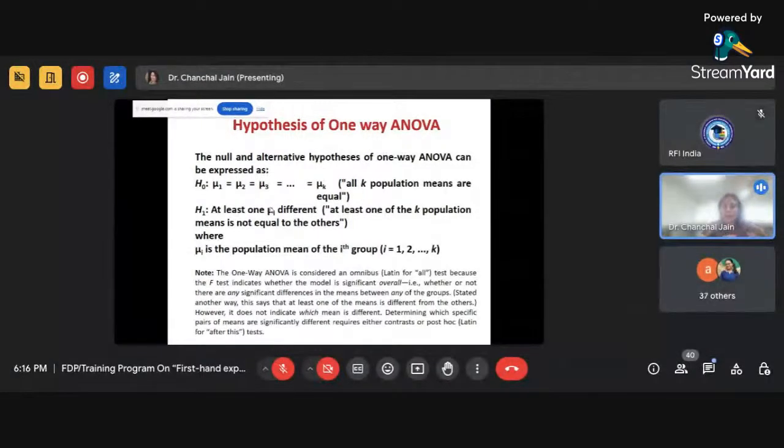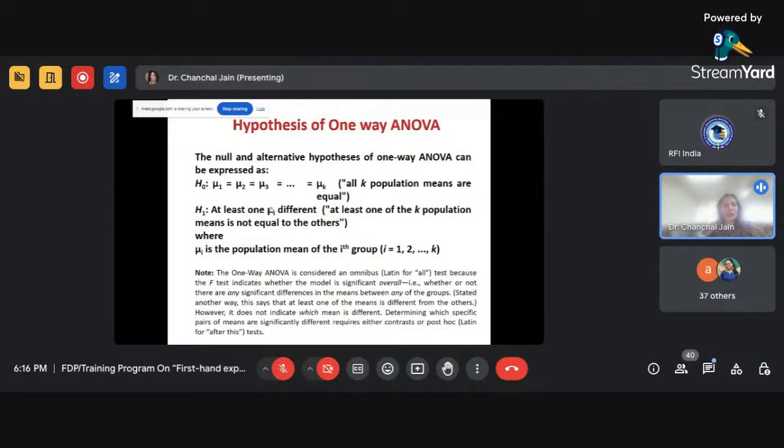So we are comparing the various groups. That means ANOVA will not tell you in which groups that difference exists, whether in group number 1 and 2, or 2 and 3, or 3 and 1, or in all the 3 groups. This we cannot ascertain using the one-way ANOVA.